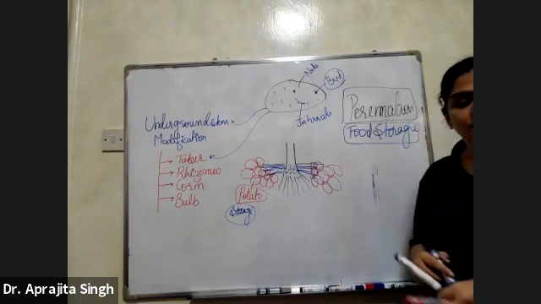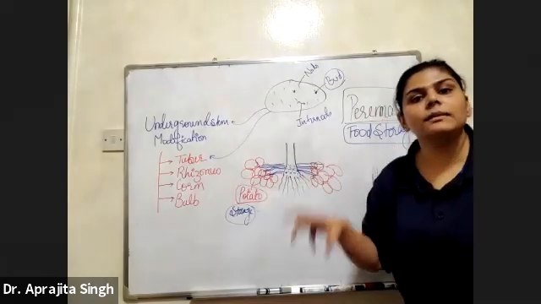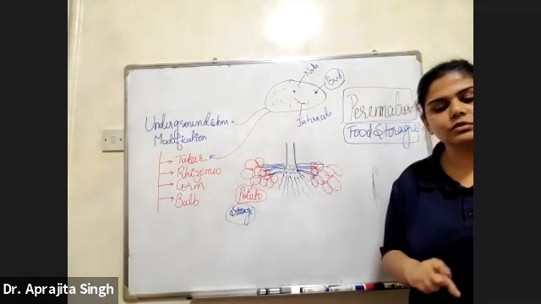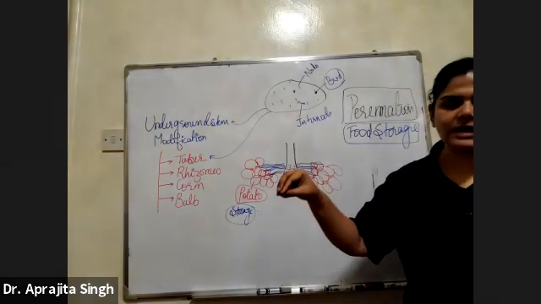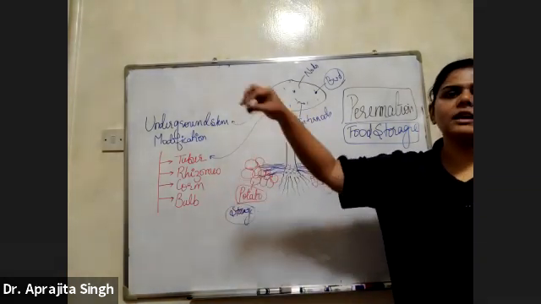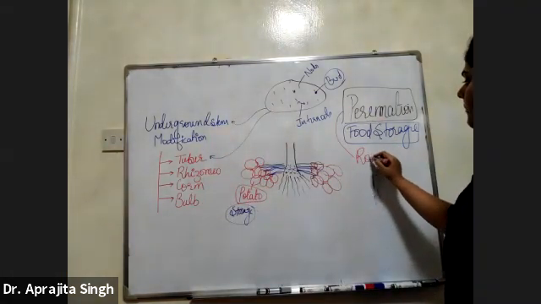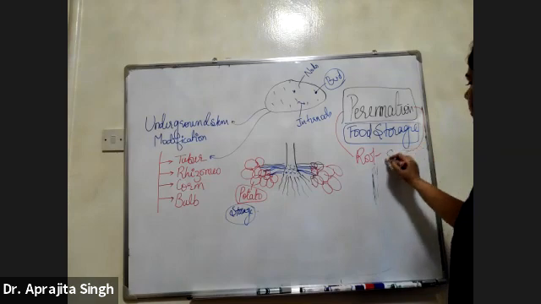Food storage, which helps the plant to survive in unfavorable conditions, and that is known as perennation. And this has the root modification and the stem modification.